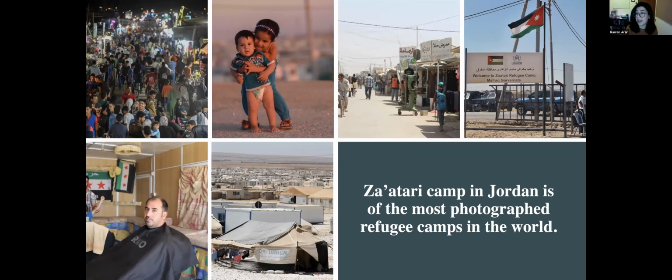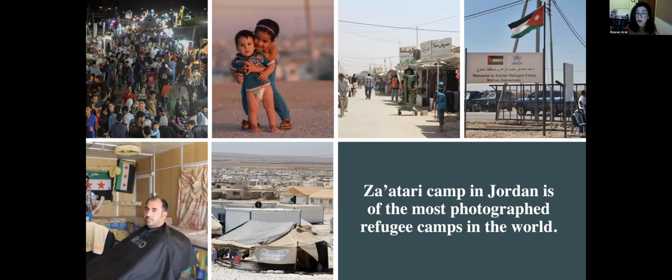On the other hand, you see the depiction of refugee hosting in the global south is very different. So Zaatari refugee camp in Jordan is one of the most photographed refugee camps in the world. And here you see that life for refugees is depicted as something that, you know, there might be some hardships. It's clear that this is in the middle of the desert, but yet we have a lively kind of community.